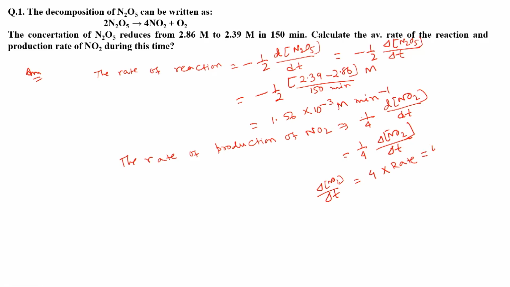So we get 4 times 1.56 times 10 to the minus 3 moles minute inverse. So you get 6.24 times 10 to the minus 3 moles minute inverse.